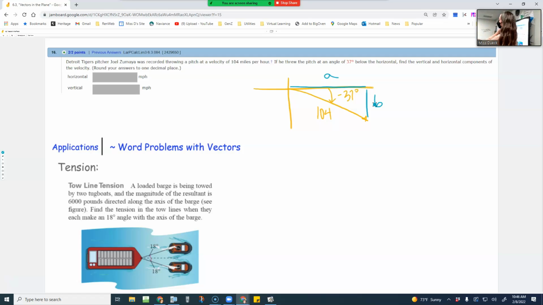So then, once we get you guys through number 16, which was a basic horizontal, vertical component question, quick word to the wise. Remember, I do have TAs checking work. I see a lot of you just throwing in answers. That's dangerous. And not only is it dangerous for your grade as far as showing work, but it's also dangerous for your memory retention, if you're not actually making your brain write out these steps and remember these formulas.